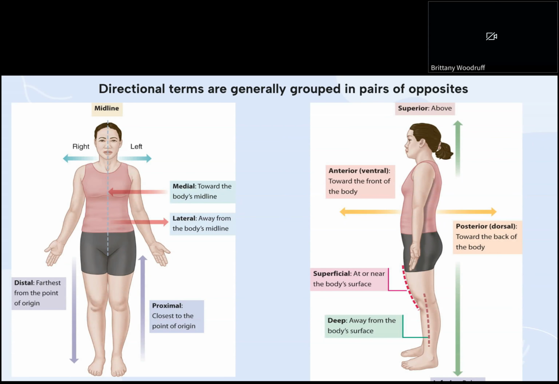On your leg, your limb starts at your hip. On your arm, it starts at your shoulder. Because you're not always going to be standing with your arms out. Your patients aren't always going to be standing like this. Sometimes they're going to have their arms out like this. You need to know where it is in relation to the point of origin.